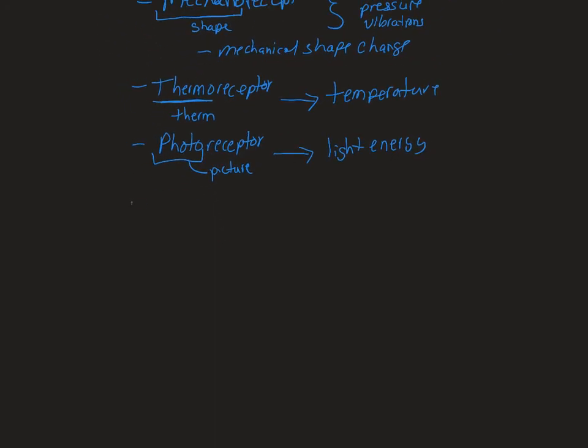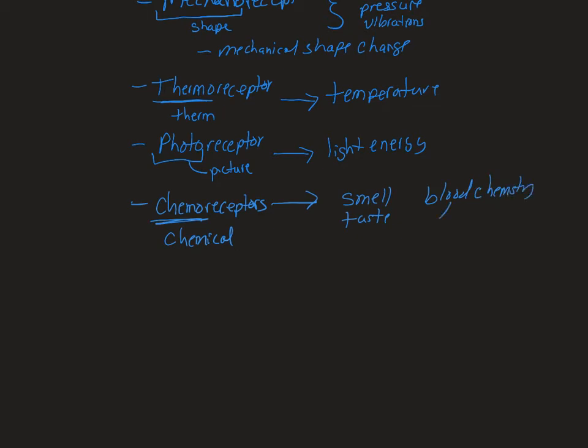And then you've got chemoreceptors. And chemical. So these are going to detect changes in chemicals. So we're going to use this for things like smell, taste, also all of your blood chemistry, like things for pH or oxygen levels.